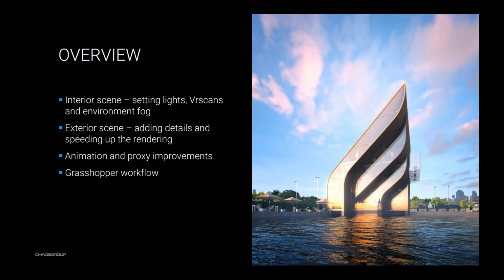After that, I'm going to move on to an exterior scene and show you how to add more details and depth to your render without spending a lot of time. And also, I'm going to show you the new animation recording method that we have implemented in V-Ray 3.6. And of course, last but not least is the new and improved Grasshopper workflow that I will demonstrate.